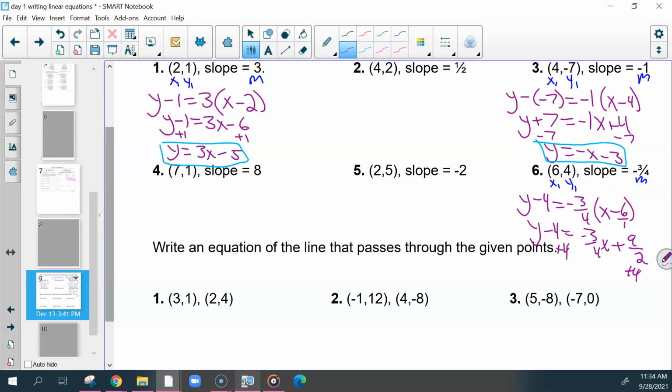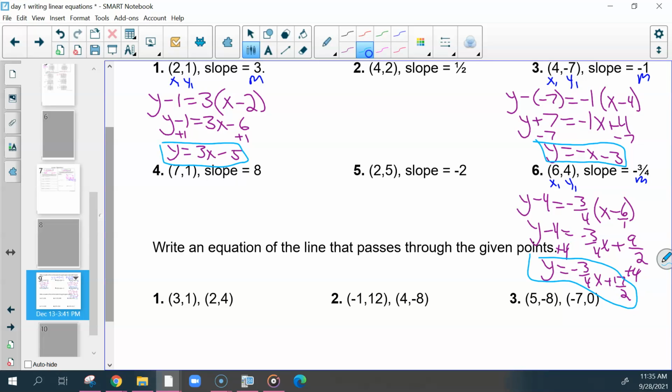You have 8 over 2 and add those together. Y equals negative 3/4 x plus 17 halves would be the equation of that line.